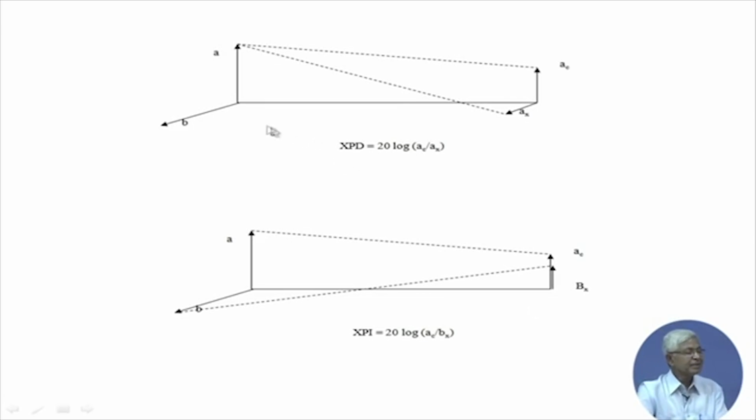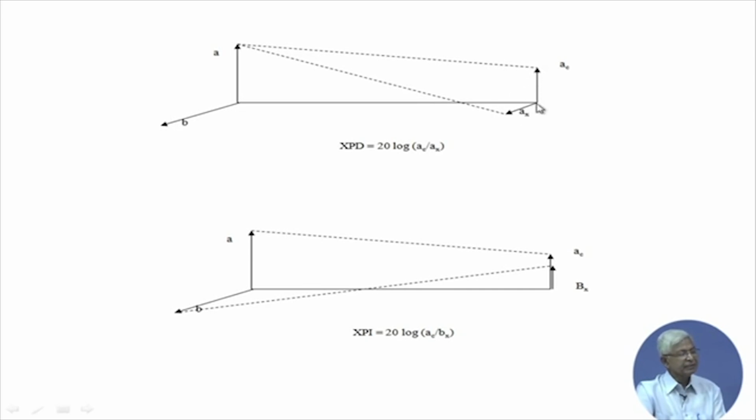To understand what is XPD, let us see there is an electric field which is transmitted, A vector is vertical and horizontal vector B is transmitted. Now, at the receiver, because of some impurity, this vector may have a component Ax in the x component falling on the copolar component, that is the vertical.